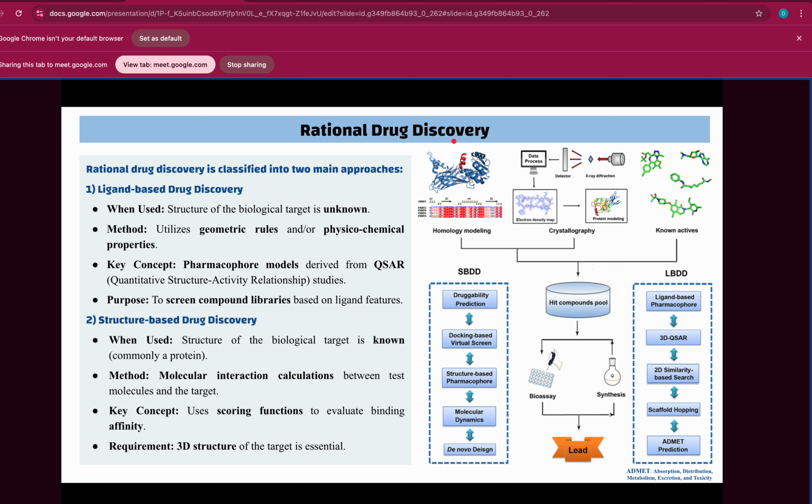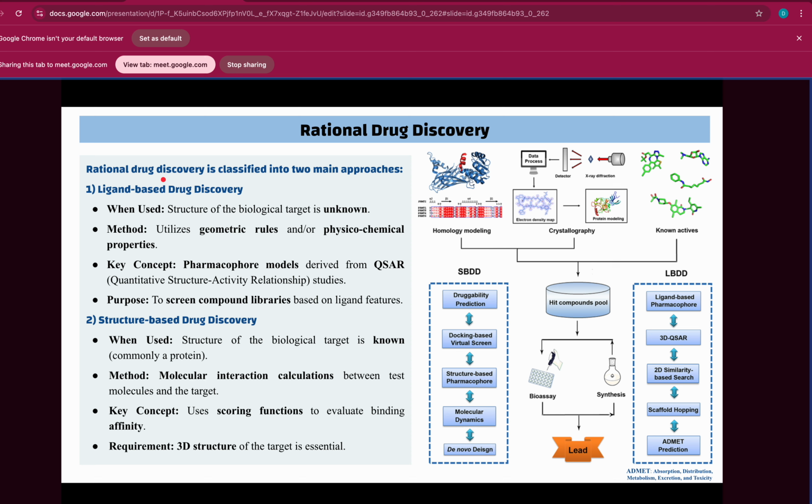But now in rational drug discovery, we are using different computational approaches. So we are performing in silico studies first, and then only the promising or most effective hits are selected for further experimental investigations. This will reduce the time as well as the cost associated with all those experiments.